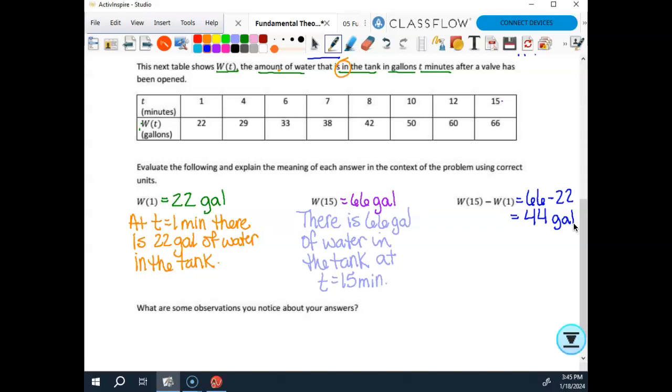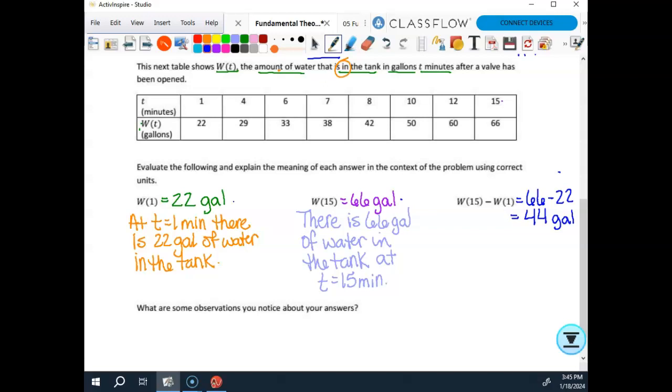All right, so we took how much was in there at t equals 1, how much was in there at t equals 15, and we subtracted them. So when you subtract the two, you have an initial amount and a final amount. Well, your final amount minus your initial amount is going to be how much it changed, right?